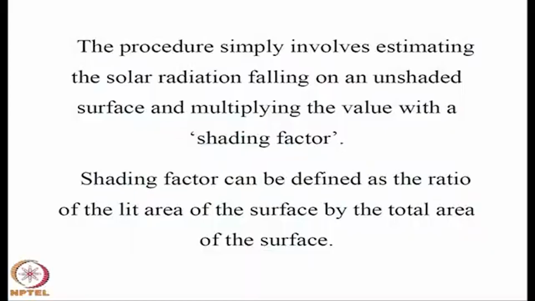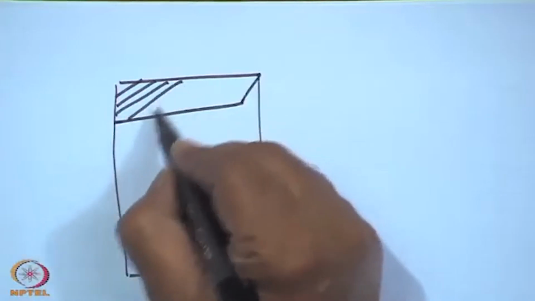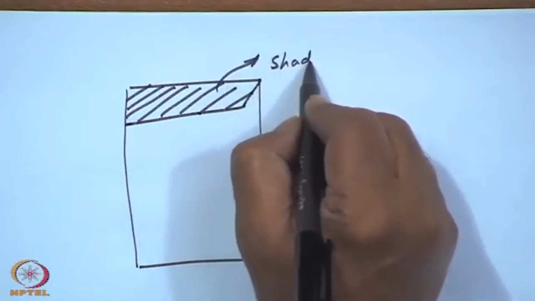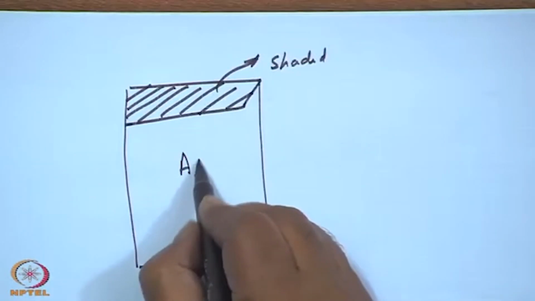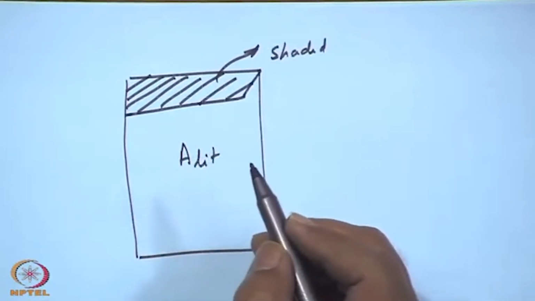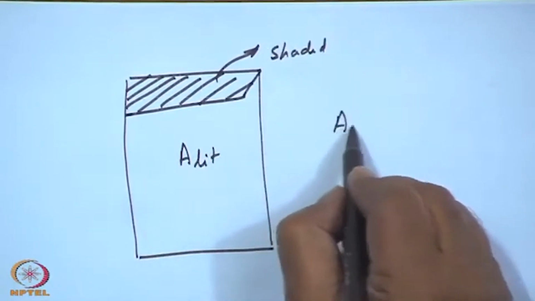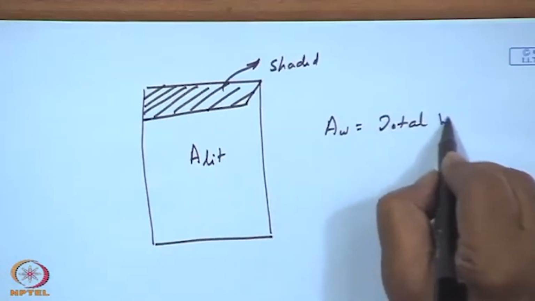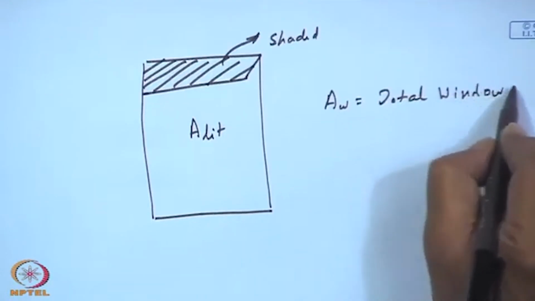So, the shading factor can be defined as the ratio of, if you look at it like this, I am interested in this part, this is shaded and the remaining area is lit by the sun, and AW is the total window area.